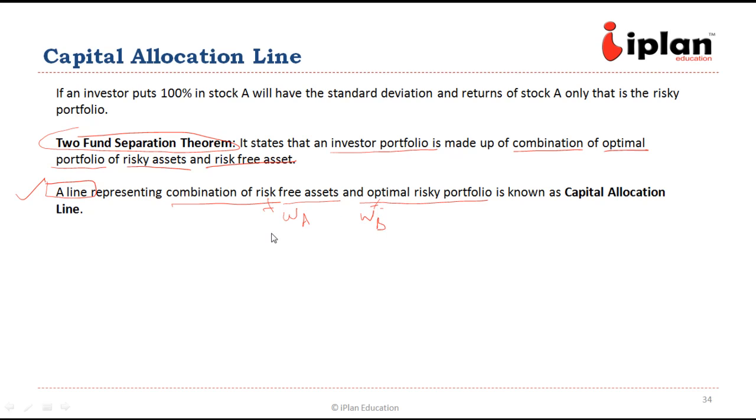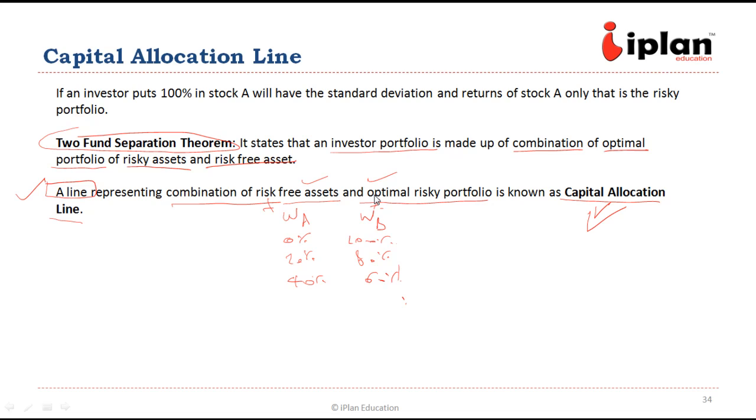So various combinations of them, for example 0%, 100%, 20%, 80%, 40%, 60% and so on. If we combine all these values, we get the capital allocation line. It will represent various combinations of risky and risk-free portfolios. So here we reach the end of the topic.